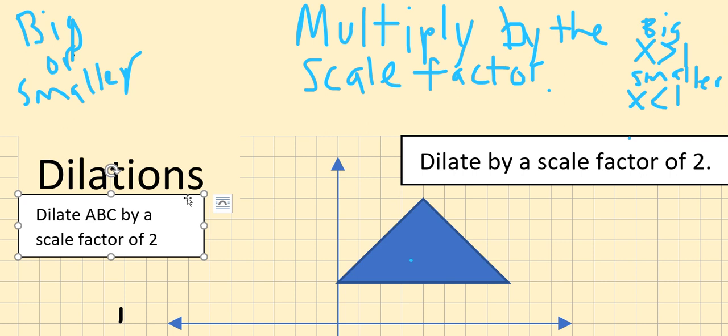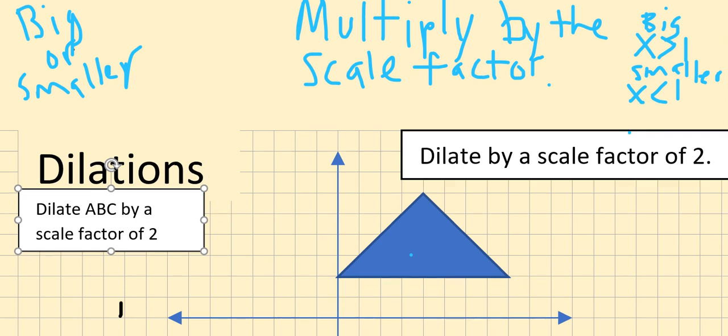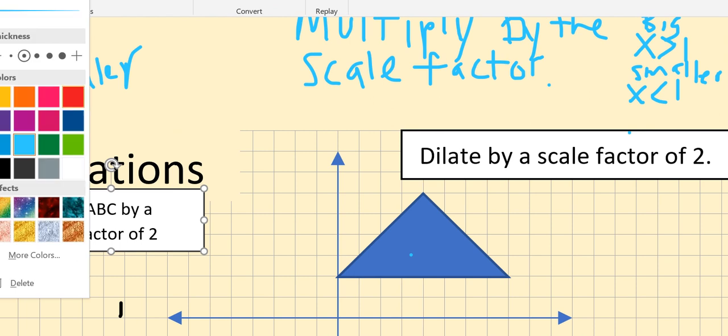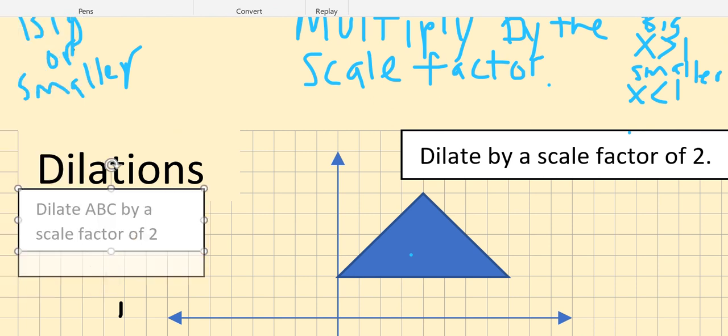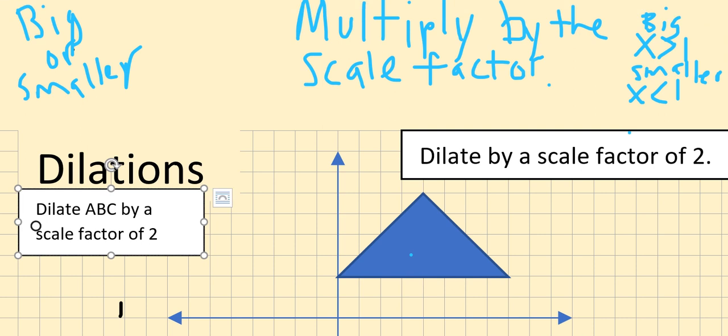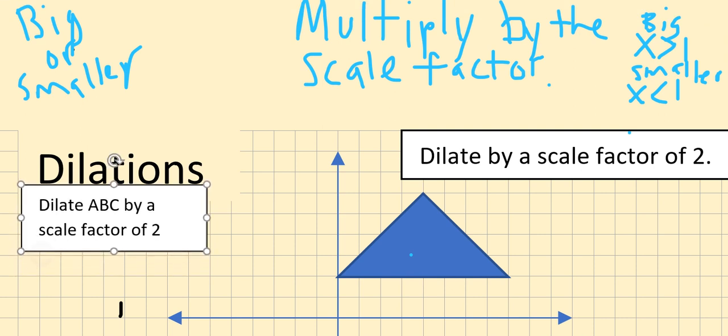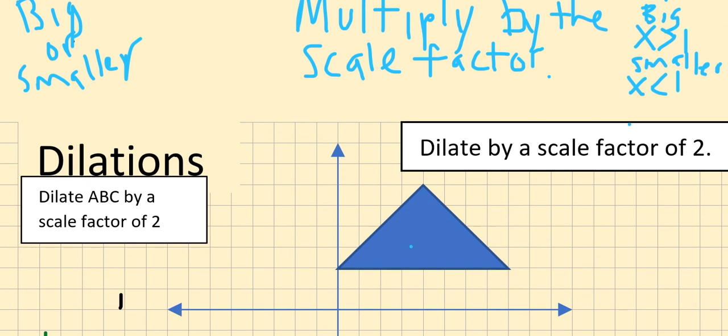So we've got to write down the ordered pairs, right? A is at 0, 2.